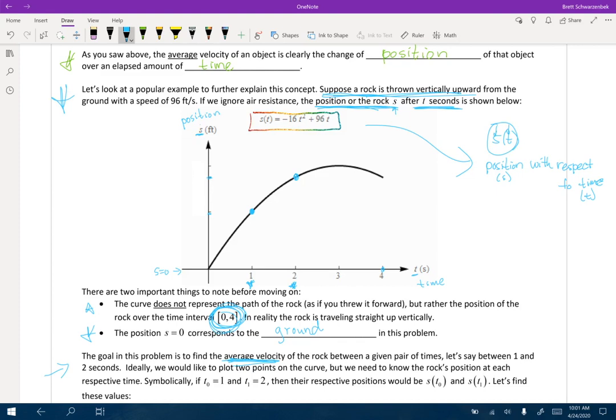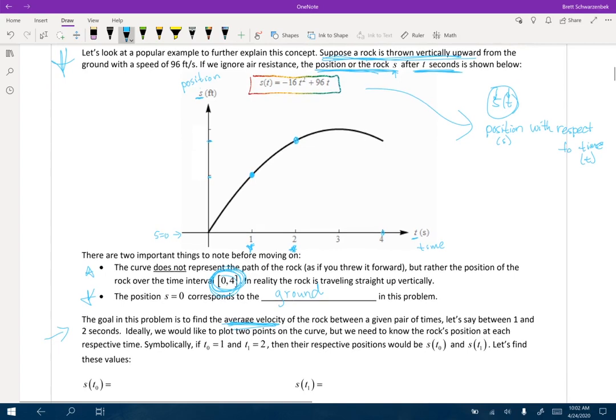Note that it's negative 16t squared plus 96t. Because it's squared, and that's the highest degree for this, we're dealing with a parabola. And because that term is negative, we're dealing with an upside down parabolic shape, which is clearly what's happening in the diagram.